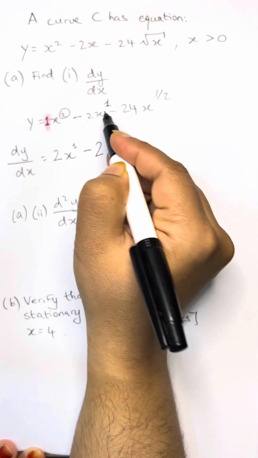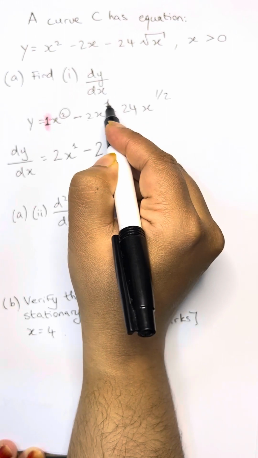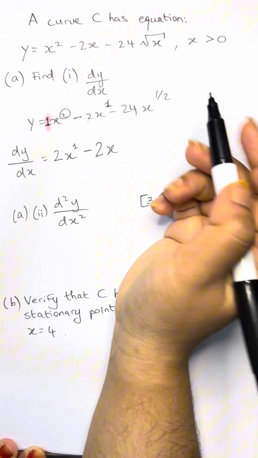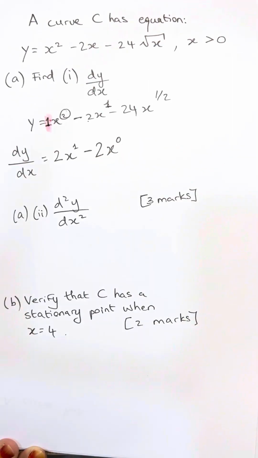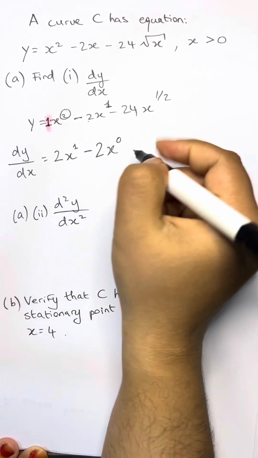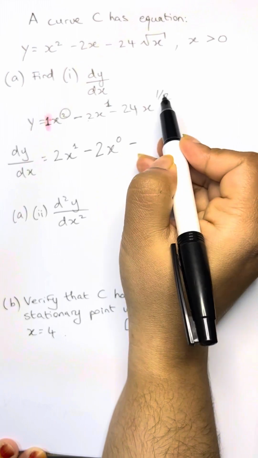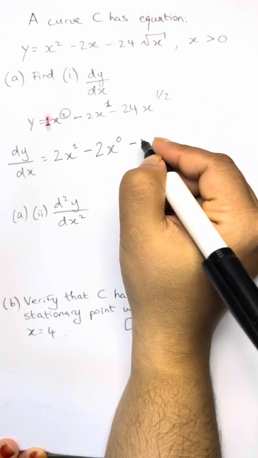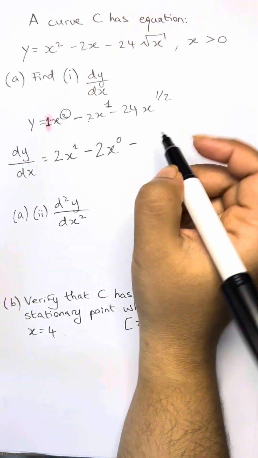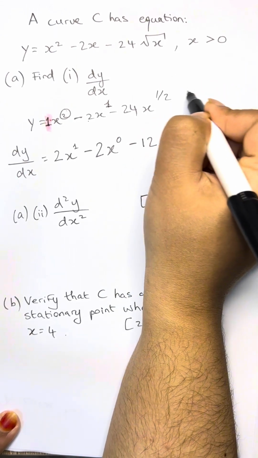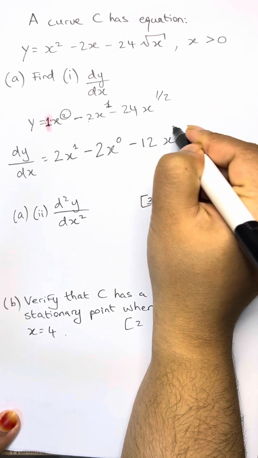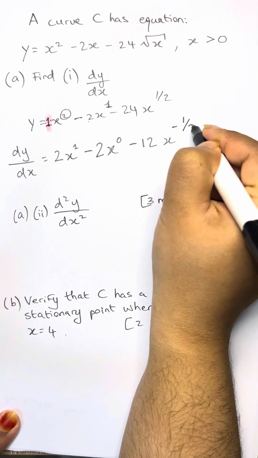Because I don't have anything written here, it means 1, so 1 take away 1 is just 0. So x to the power of 0. And then minus 24 times a half, that's going to be minus 12. And a half take away 1 is going to be minus 1 over 2.